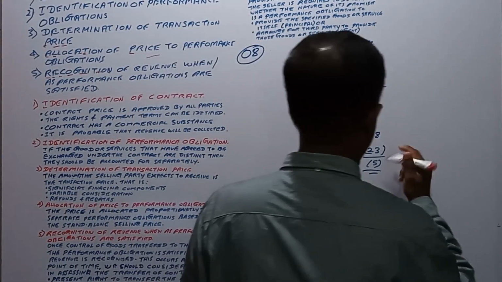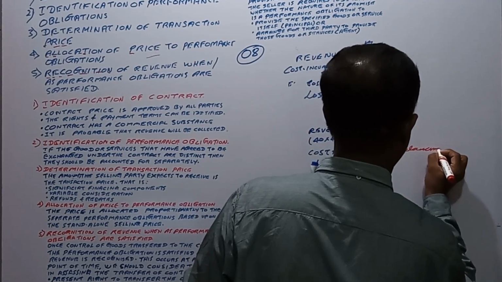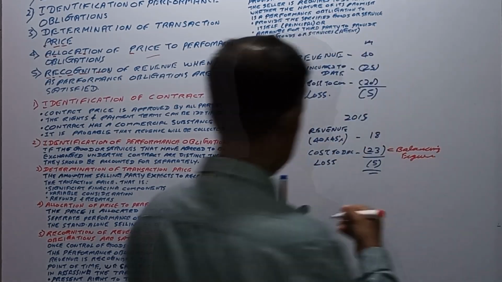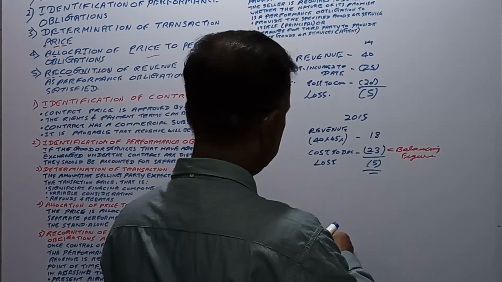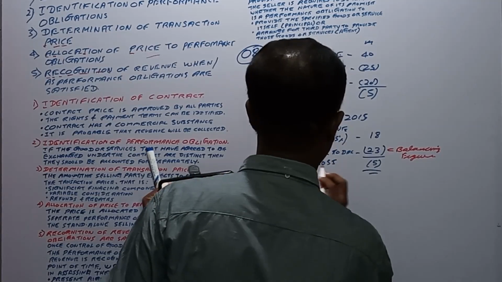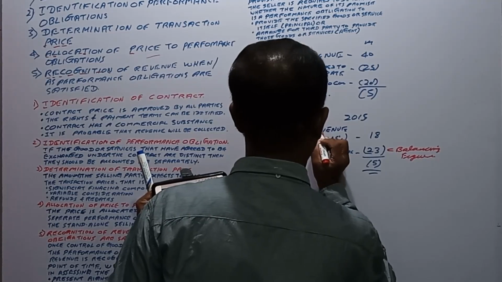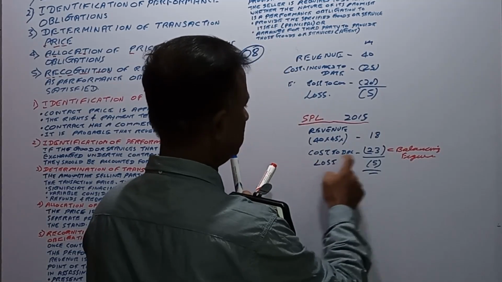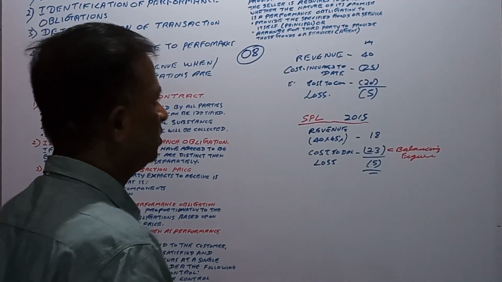This is how you will show it in the SPL for 2015. This is the statement of profit and loss for 2015. Revenue is 18, cost to date 23 million, and 5 million is the loss, right?